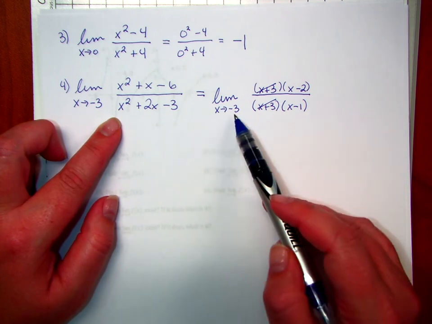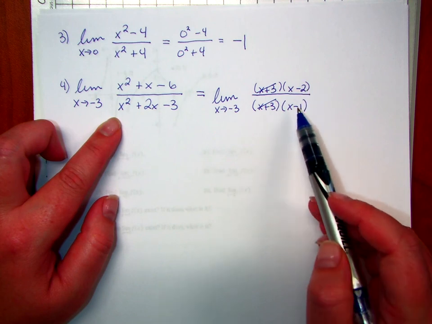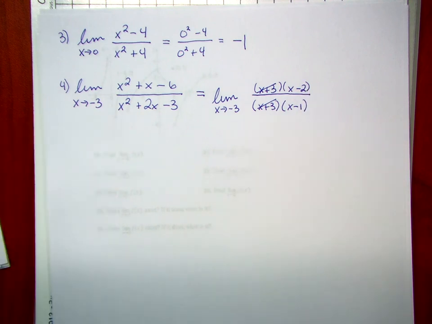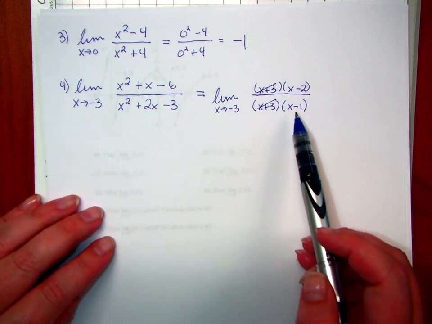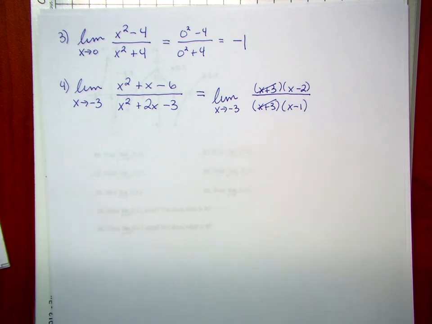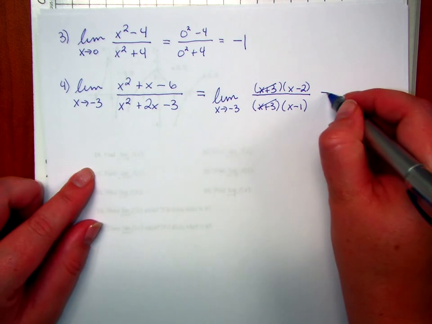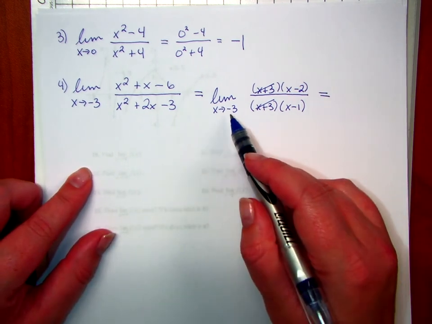So now, can I evaluate the limit? Now, can I plug negative 3 into this function, right? Yes, because negative 3 is in the domain of this new function, right? Now we're not going to get 0 in the denominator like we did before. So because we're evaluating the limit, we're actually plugging negative 3 into the function.